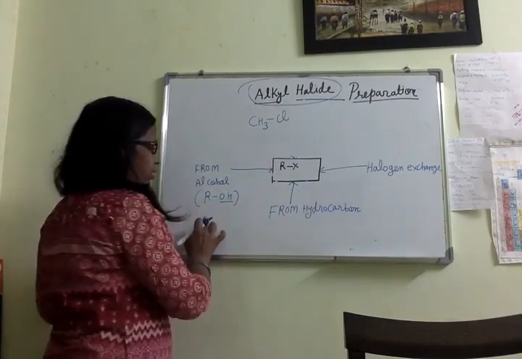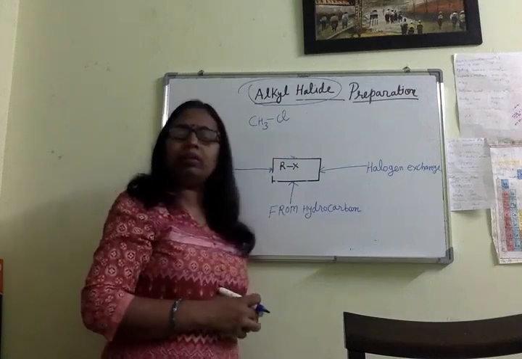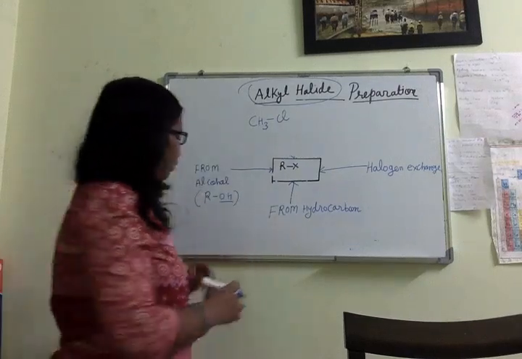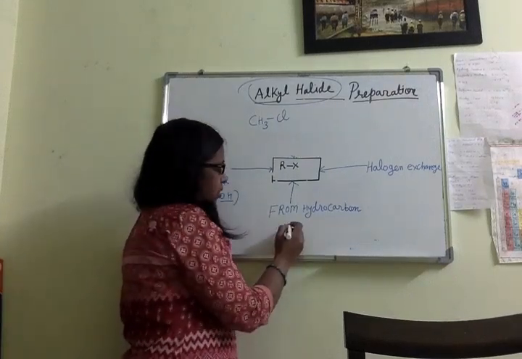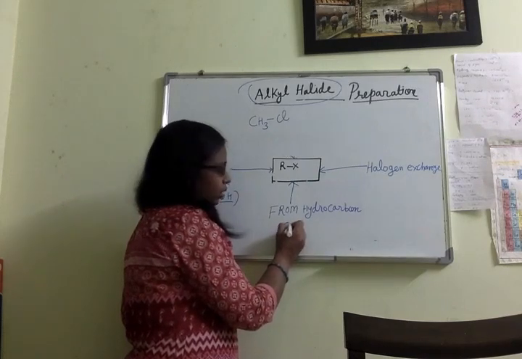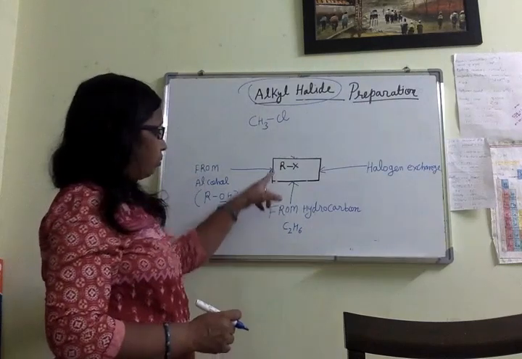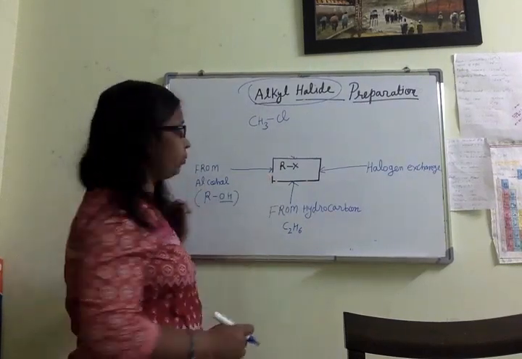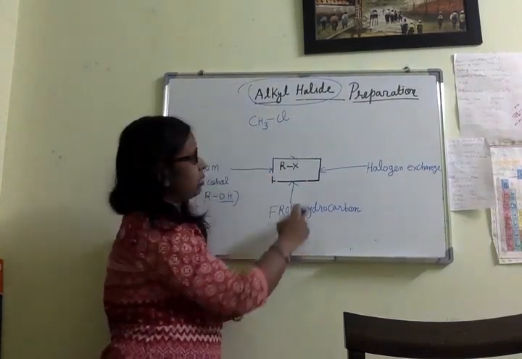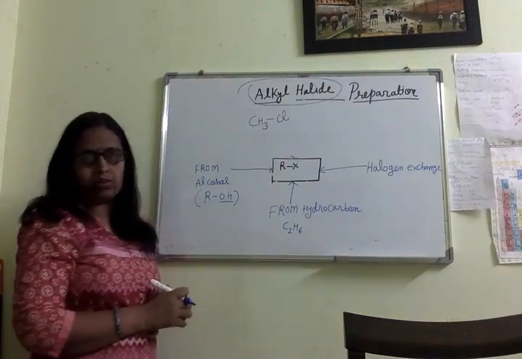First method from alcohol. Second method from hydrocarbon. Hydrocarbon means only carbon and hydrogen. For example C2H6. How do we prepare this compound from this? It means one H is replaced and Cl is introduced.